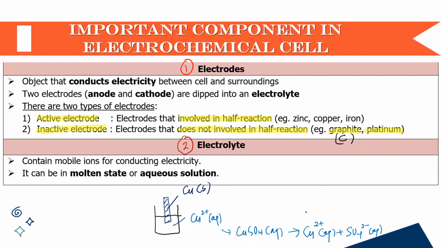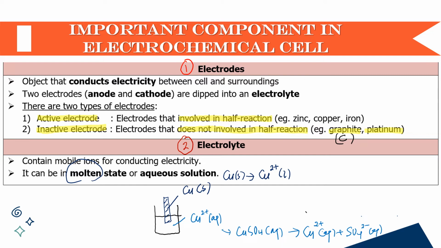What does it mean if I say it's a molten state? Molten means Cu2+ liquid. From the solid state, you heat the copper metal until it melts and becomes liquid. So if molten, it goes from Cu solid to Cu2+ liquid.